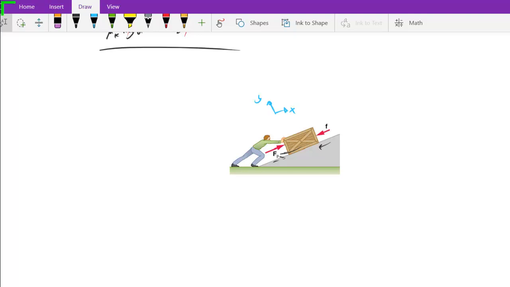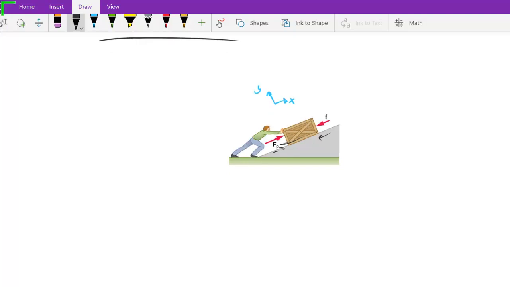So if we have this angle theta, and let's say he's pushing parallel to the incline, then the net work is going to be the force of the push times our displacement. Let's say it starts right here, this bottom corner, and then it goes up to right here. So this is our displacement D.